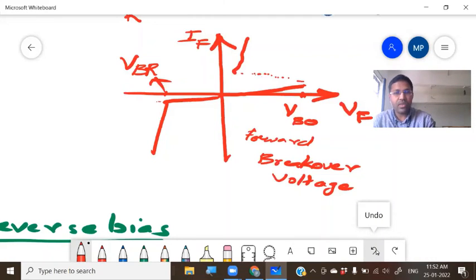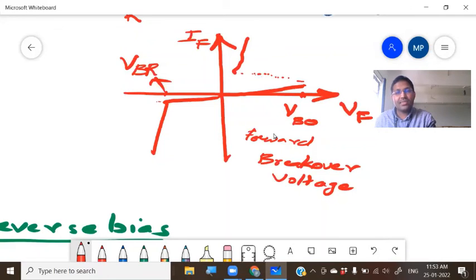Now, if you see these characteristics of the device, from this point to this point, the device is off.